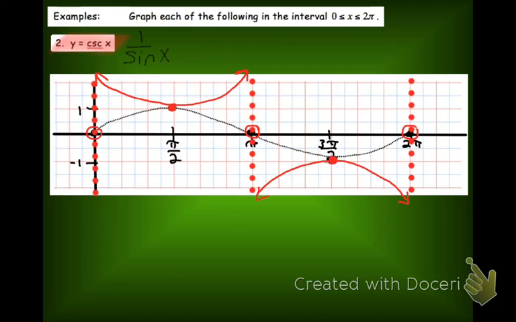And remember to put your arrows on, because it does go on forever towards those vertical asymptotes there. So you've basically taken this curve and broken it up so it's facing that way, and this one flips and is facing the other way. So that is y equals cosecant of x, or 1 over sine x.